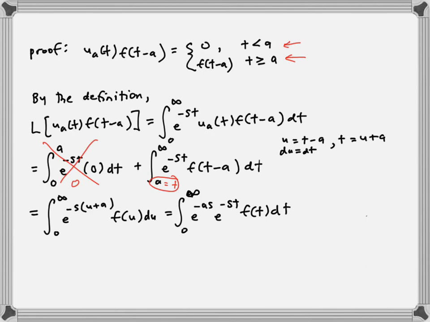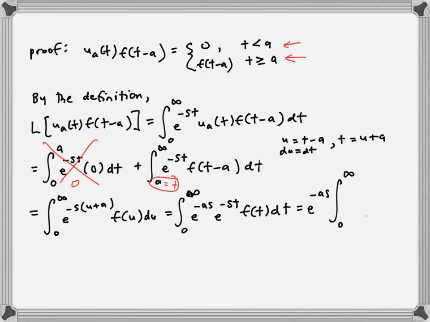Why am I allowed to do that? Because the t's or the u's are just dummy variables, right? They're just placeholders because when you do the integral, you're plugging in numbers at the end anyway, right? So to say that another way, when you're doing a definite integral, the variable you choose doesn't actually matter, because you can change your t's for x's for whatever you want. Now, the e to the negative as is just a constant, so you can actually pull it out.